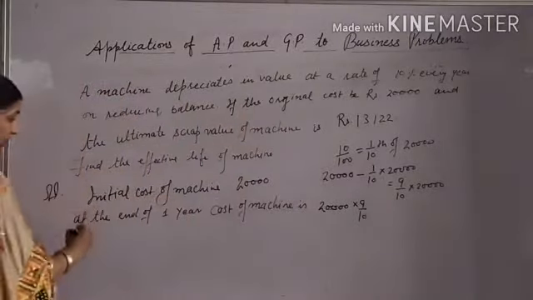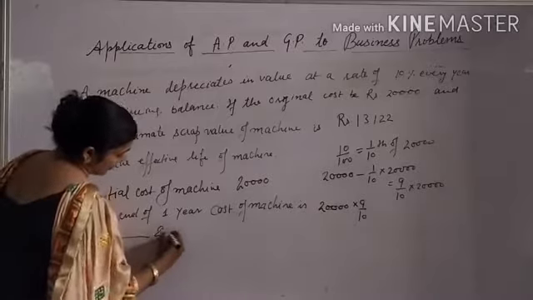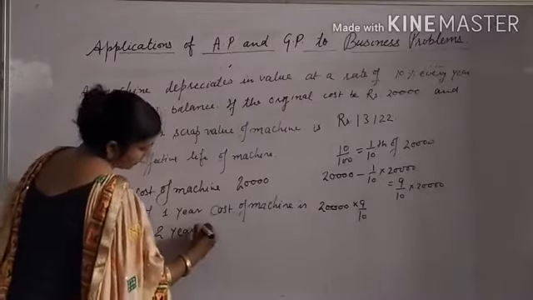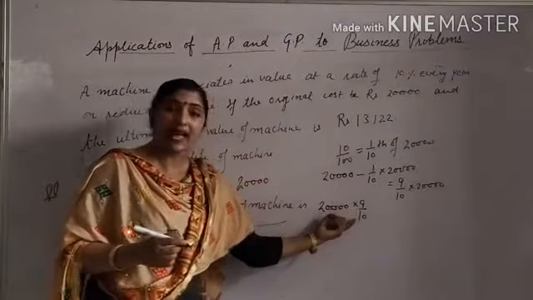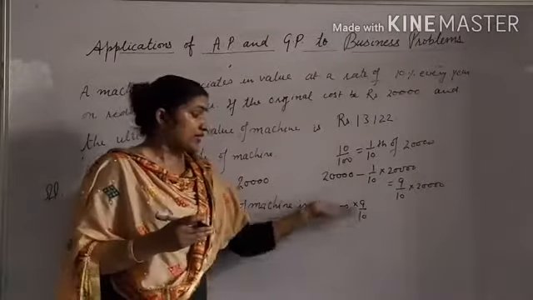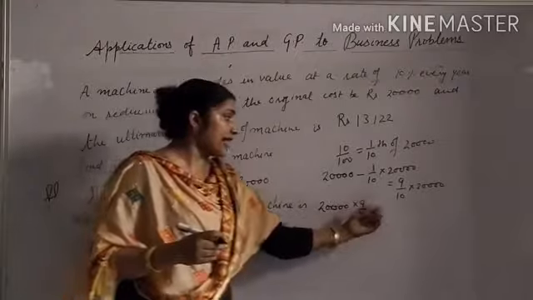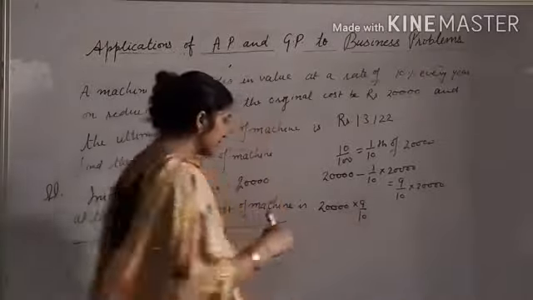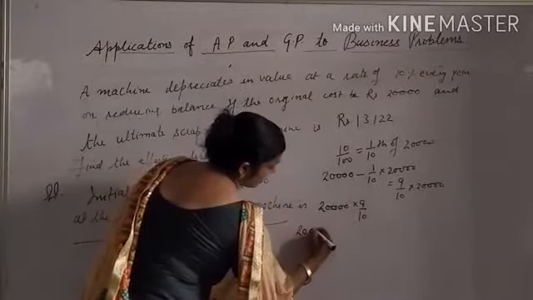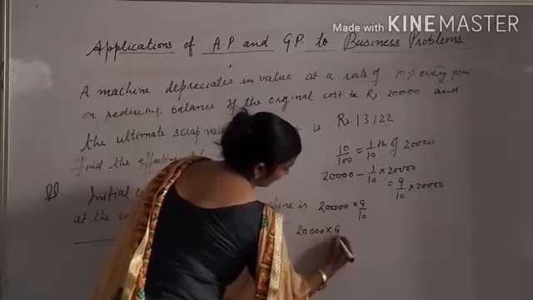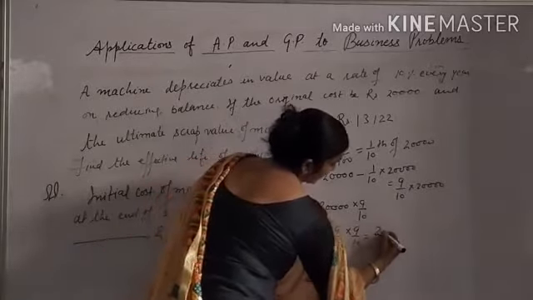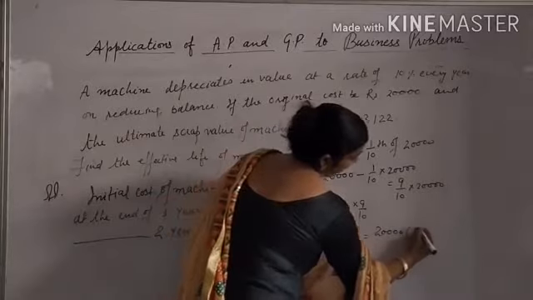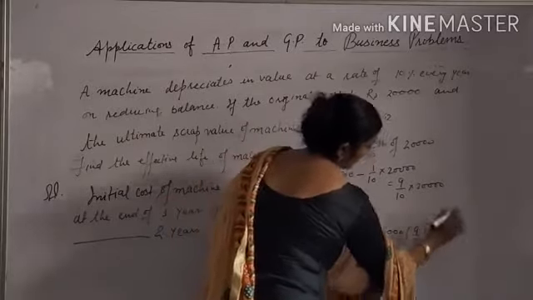Again, at the end of 2 years, the cost of the machine depreciates by 10% of the reducing balance. So the value is again this minus 1 by 10 of this. So it is again 20,000 into 9 by 10 into 9 by 10, so this is 20,000 into (9 by 10) whole square.